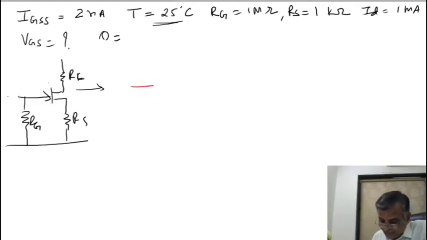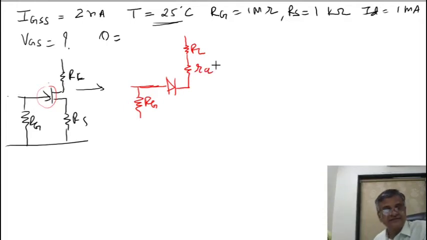This is RG, and here the PN junction is there. This is RL, and here I am showing the channel resistance RA. In this section there is another channel resistance, let me say RB. Then this is RS.